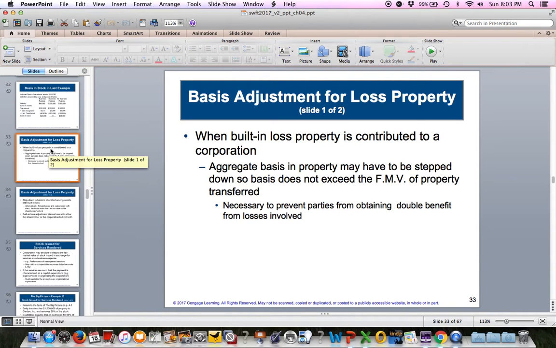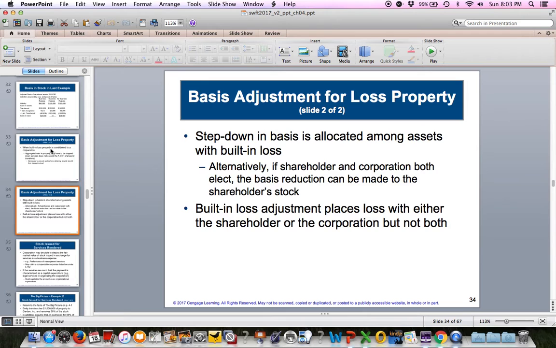The basis adjustment for lost property: when built-in loss property is contributed to a corporation, the aggregate basis in property may have to be stepped down, so basis does not exceed fair market value of property transferred. Necessary to prevent parties from obtaining a double benefit from losses received. That's part of that tax avoidance.